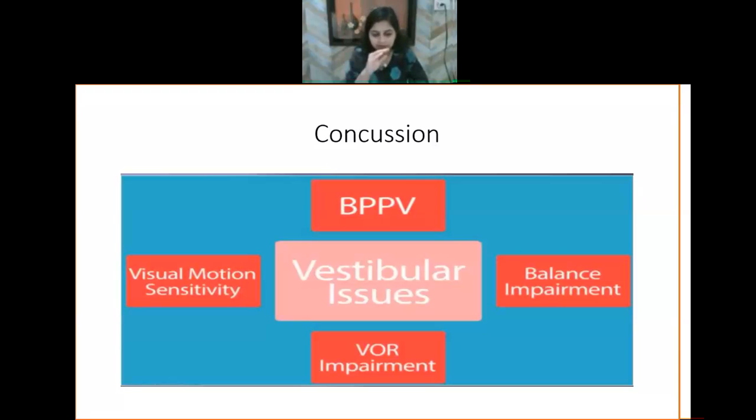All the conditions have different tests. All the conditions have different management. Peripheral has a different test. Central has a different test. Concussion has its own tests, like we can do VOMS, we can do King-Devick. So tests are different for each and every condition, and management is different for each and every condition.